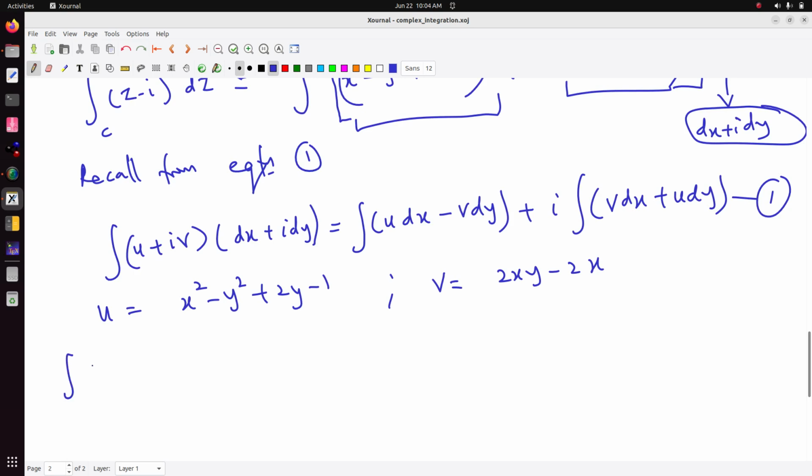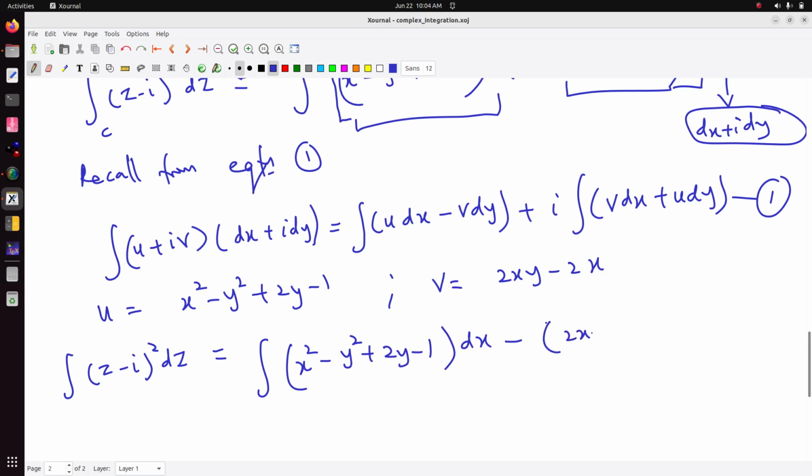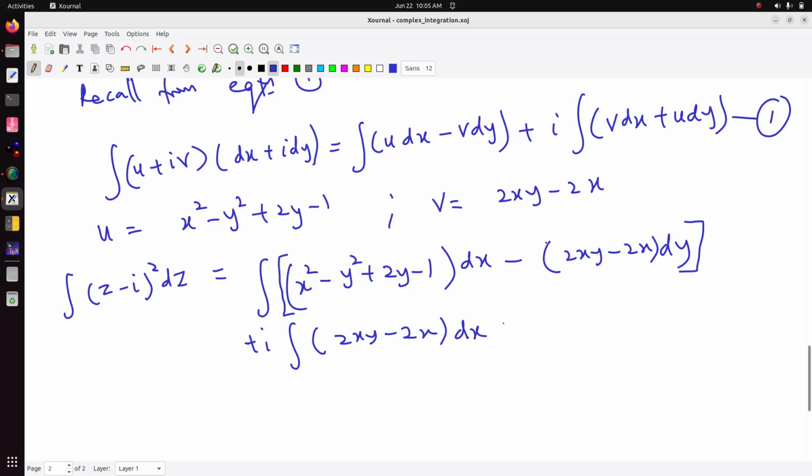So our integral, the integral of (z minus i) squared dz, can now be written as the integral of u, which is x squared minus y squared plus 2y minus 1 dx, then minus v, where v is 2xy minus 2x dy, then plus i times, let me put this here, iv, which is 2xy minus 2x dx, then plus u dy.